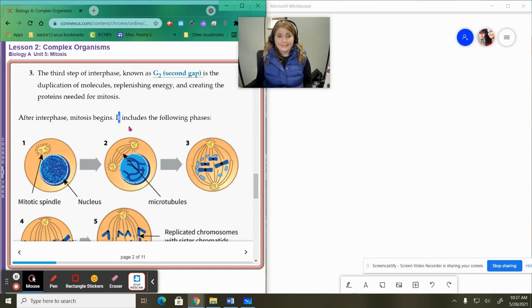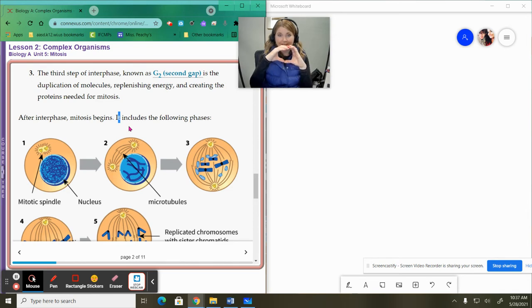So mitosis itself is the process by which the cell, this much larger cell with lots of organelles and lots of chromosomes, is now going to divide and make 2 cells. And it's really important that all that stuff in interphase we talked about actually happens, right? Because if the cell stayed the same size and then divided, we would have 2 little cells instead of 1 regular size cell.